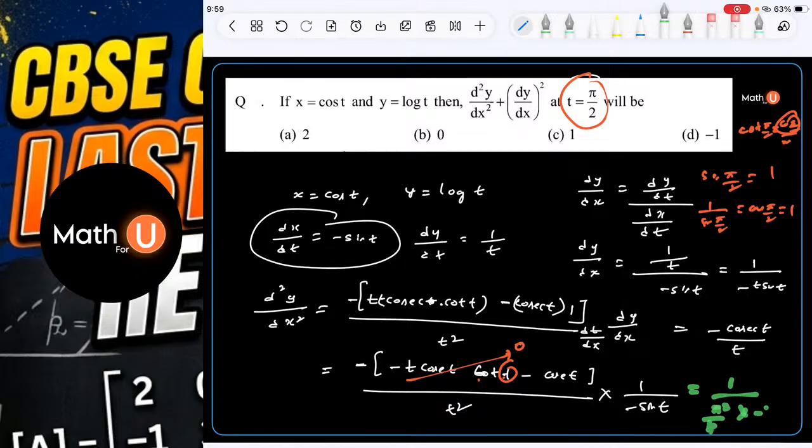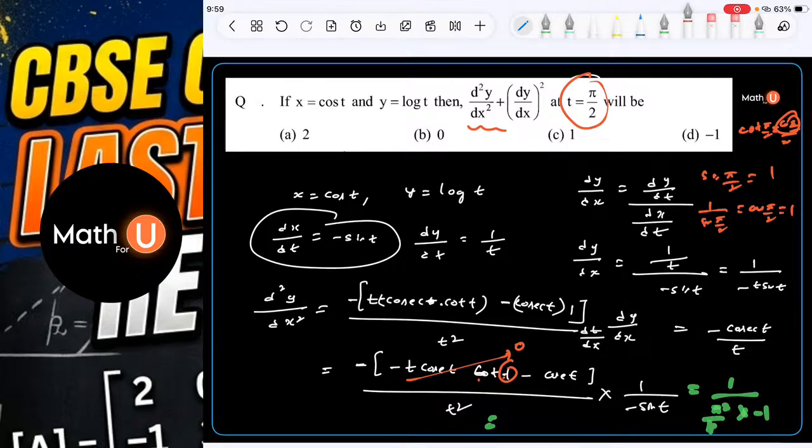Again minus 1, what is the final answer? Actually, we should add this one, and after that we take t as pi by 2.